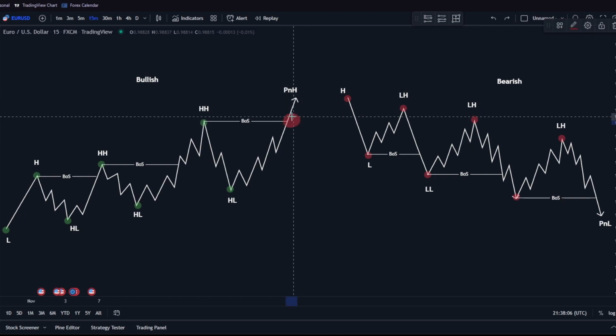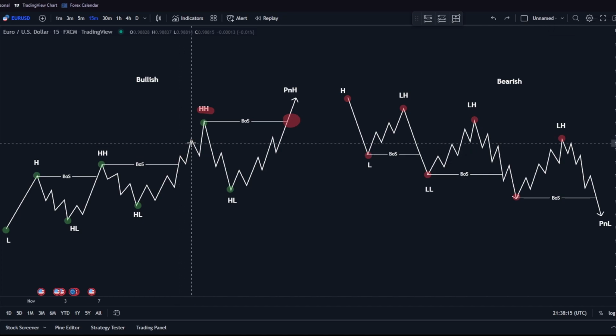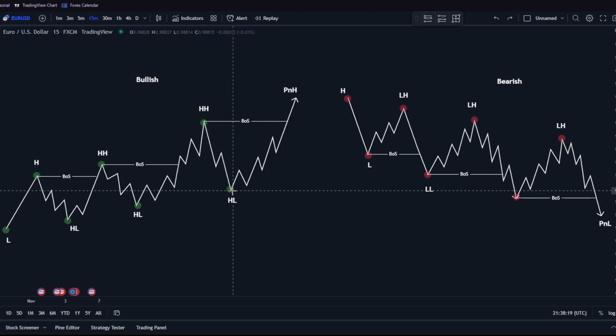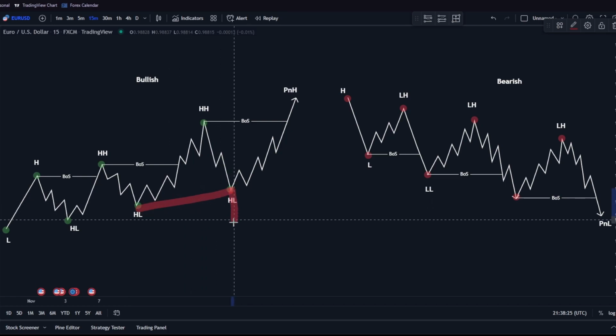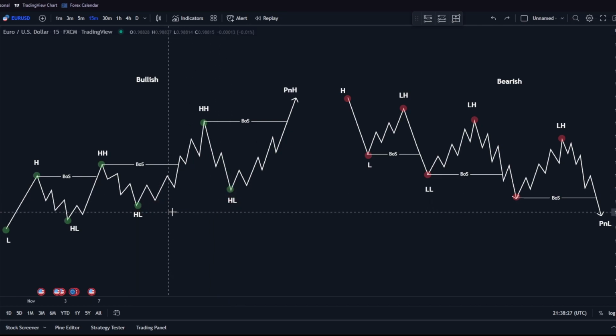And as soon as we have this break of structure, we can then identify this being the higher high, as it's the highest point, not this one, not this one, no, this one. And then we can also identify our higher low, still respecting, not going all the way down here, no, respecting our previous low. That's why it's a higher low, not a lower low or an equal low.